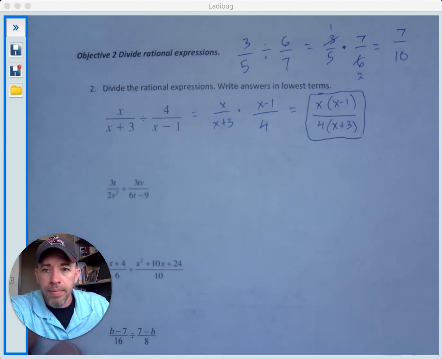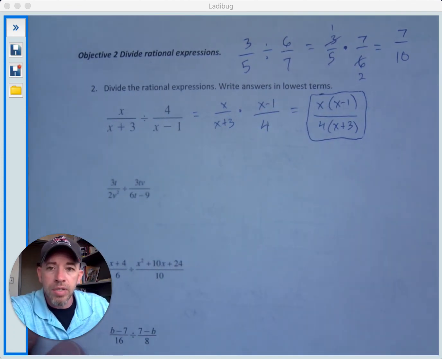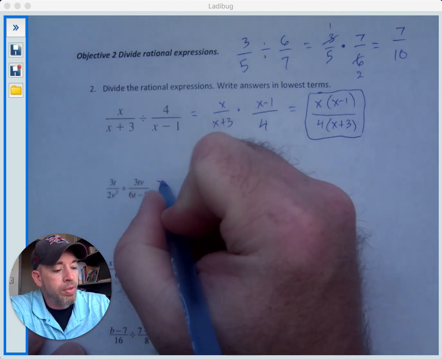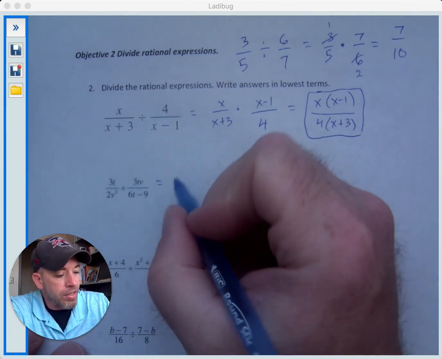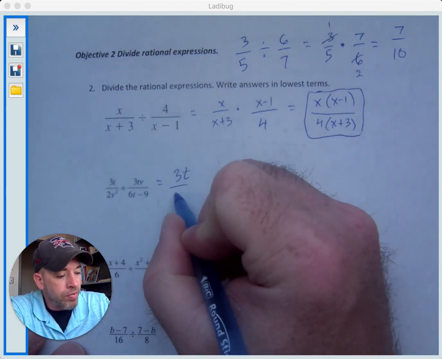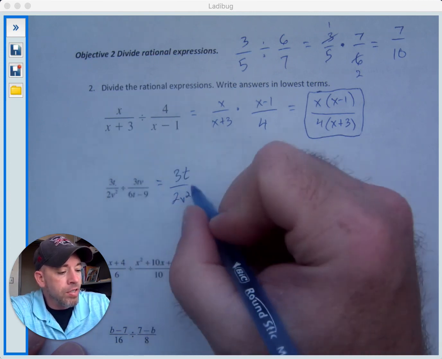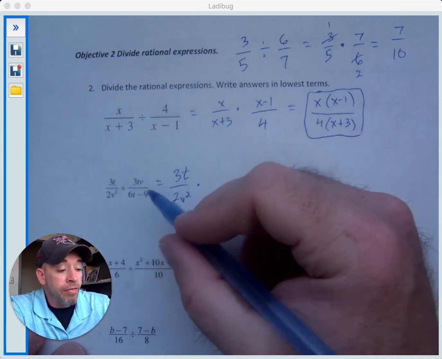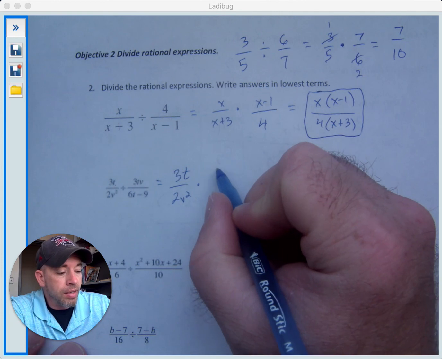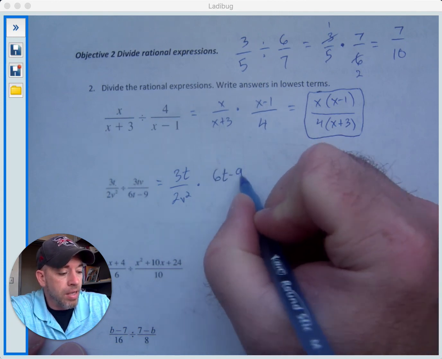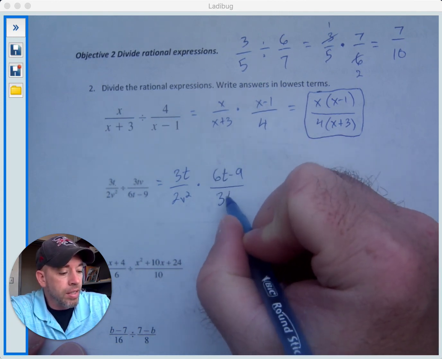And so we have 3t over 2v squared. Let's rewrite it as a multiplication problem. So keep the first fraction, 3t over 2v squared. Change division to multiplication. Flip the second fraction, 6t minus 9 over 3tv.